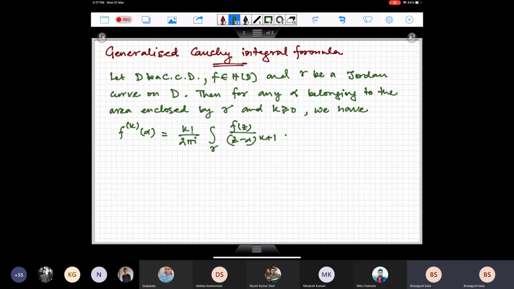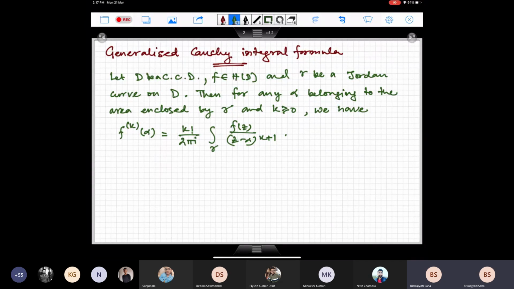Moreover, for the generalized Cauchy integral formula, we said that the kth derivative we could only express at the center, by using an integral over a circular path. But this time I am not saying that.